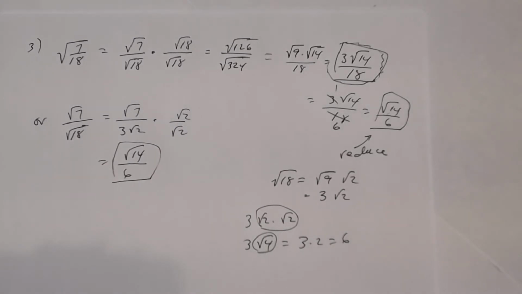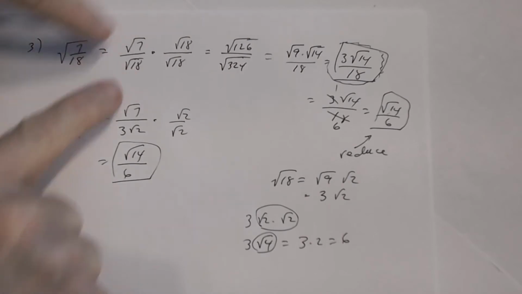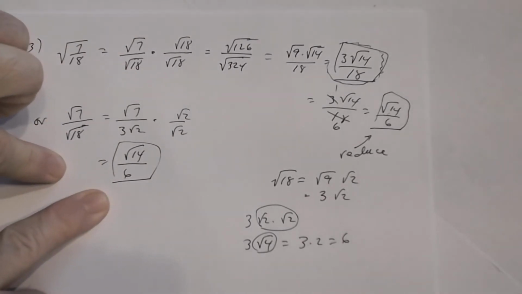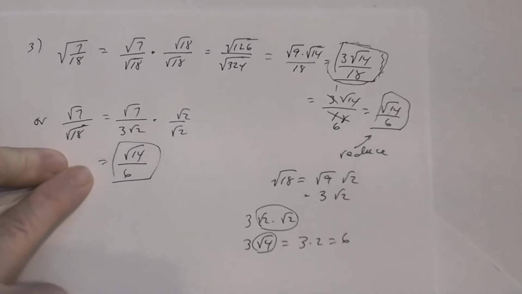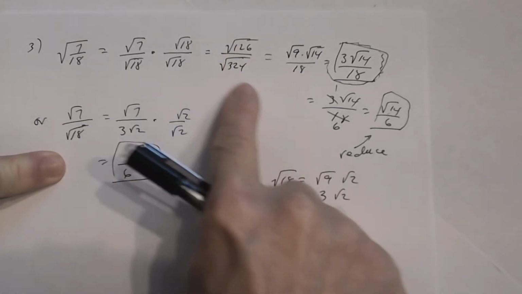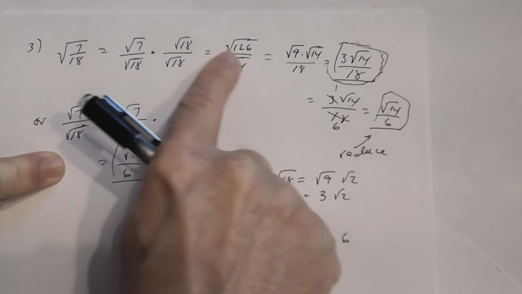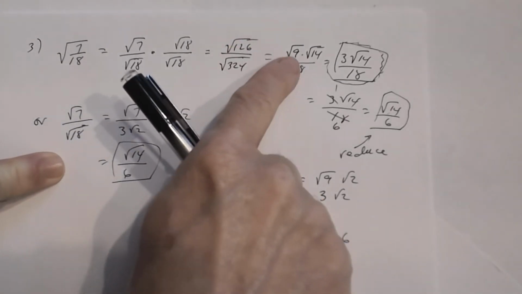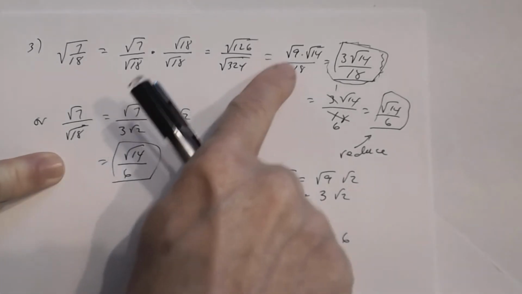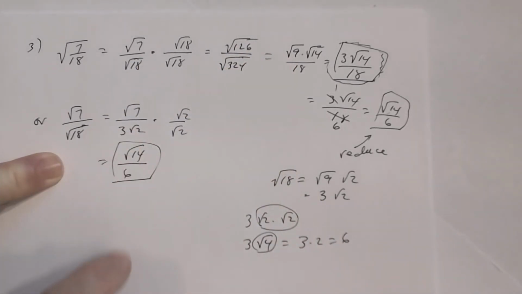So the point being that it does not matter which approach you take. It is, though, necessary that you know both approaches, because you don't want to make simplifying the numerator so difficult that you get stuck. If you get stuck at that point, then come back and try it this way.